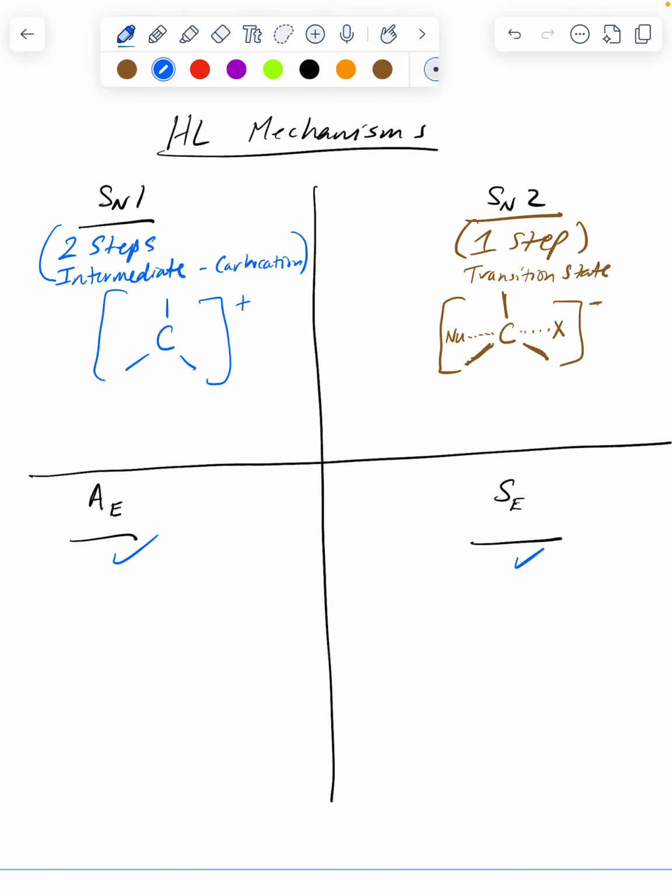In electrophilic addition, there's a lot of emphasis on the carbocation, and the major product is the one that comes from the more stable carbocation. So when you're drawing the carbocation, generally you're trying to focus on making the carbon that is surrounded by the most other carbons. So like this, for example, would be a tertiary carbon.